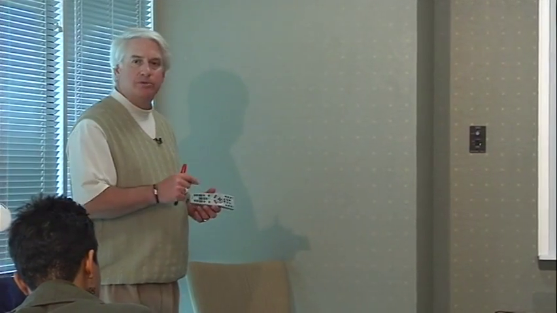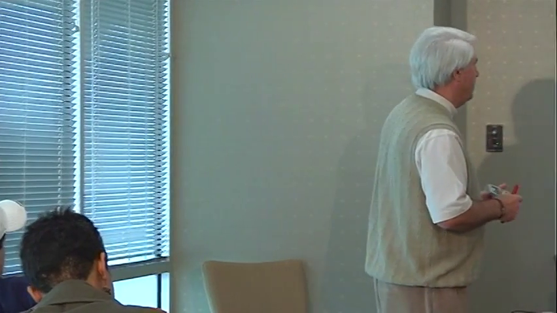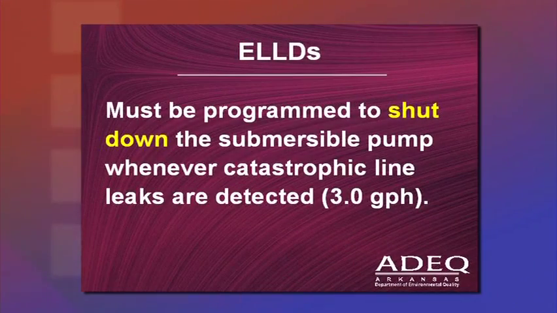The electronic ones perform continuous checks. They're continuously checking for that line leak rate of 3.0 gallons per hour. So these electronic line leak detectors must be programmed to shut down that submersible turbine pump head whenever that catastrophic line leak is detected.